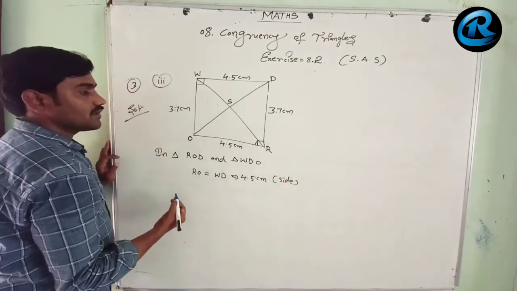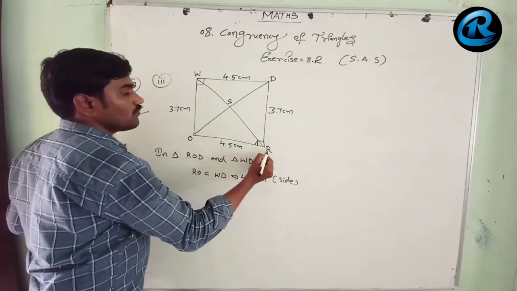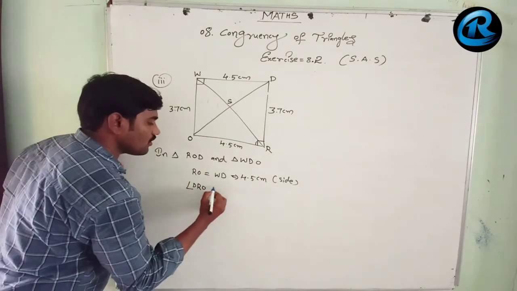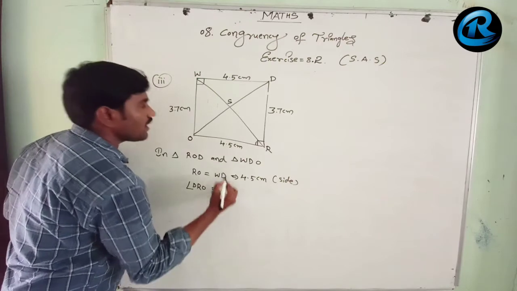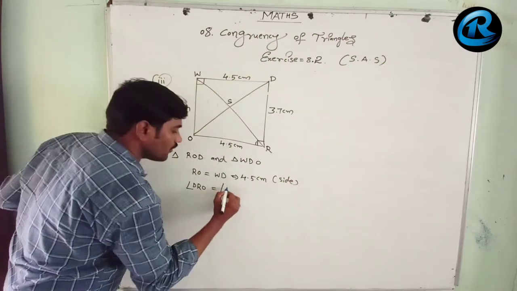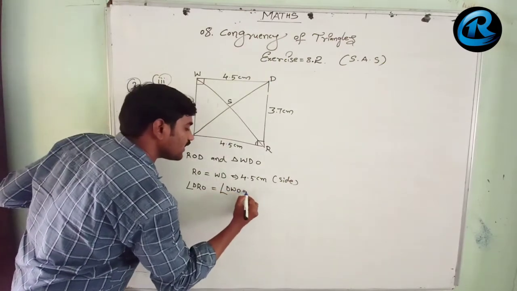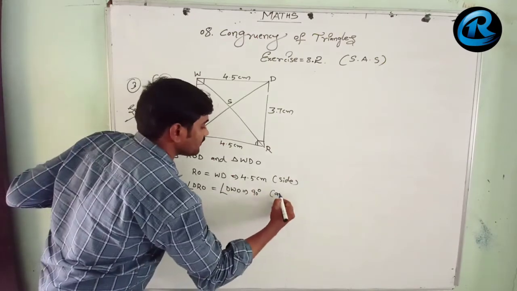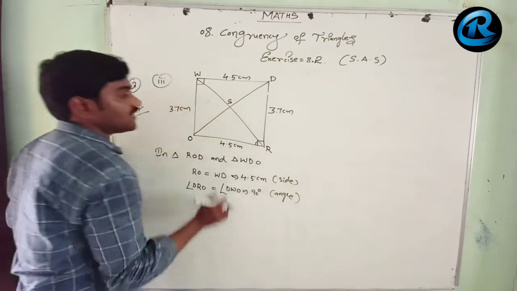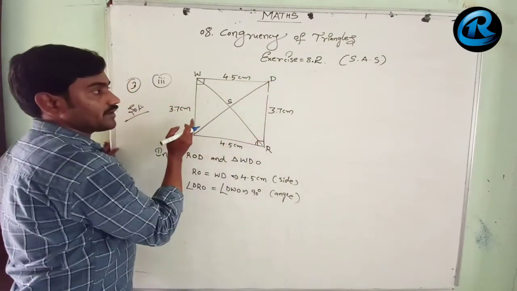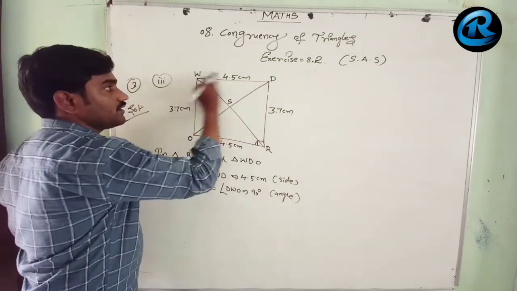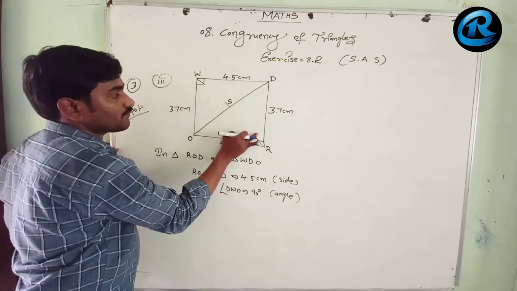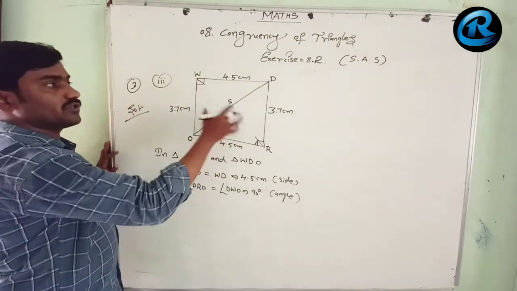Next, angle DRO is equal to angle DWO, that equal to 90 degrees. Both angles are 90 degrees, so it is an angle. Next you have to take the upside triangle and downside triangle. Forget about the rest and do the problem.